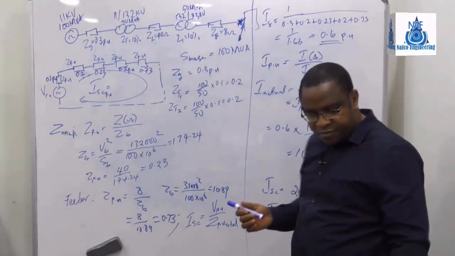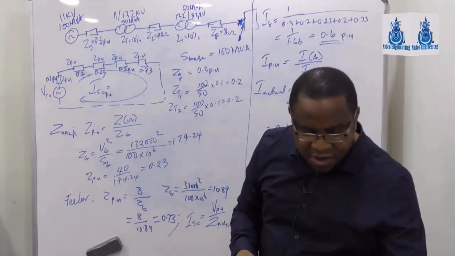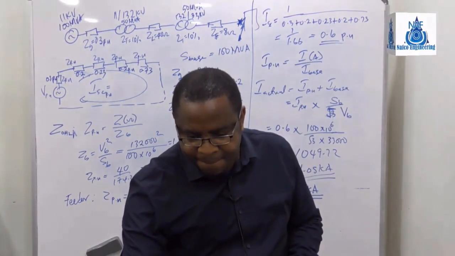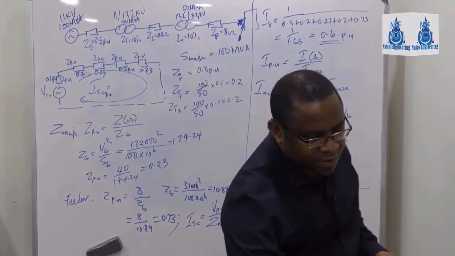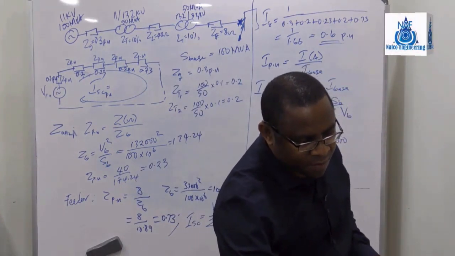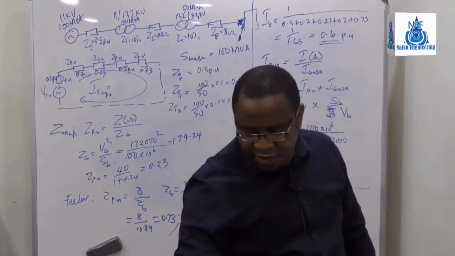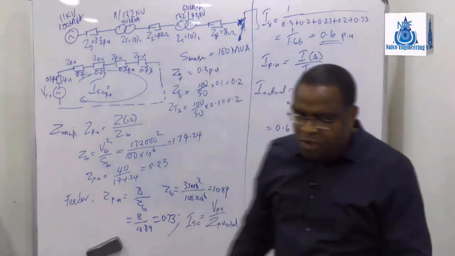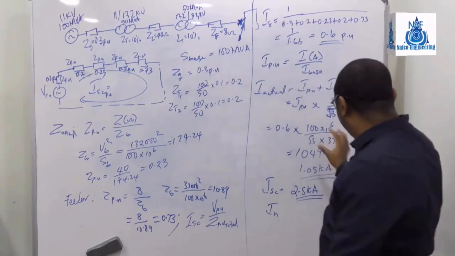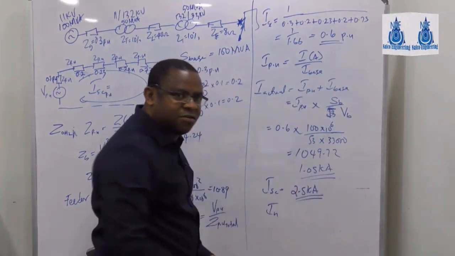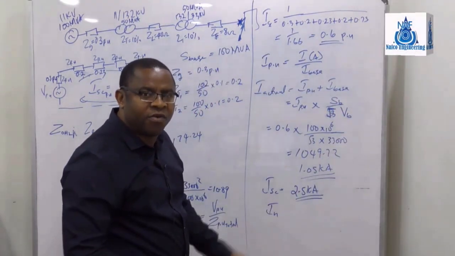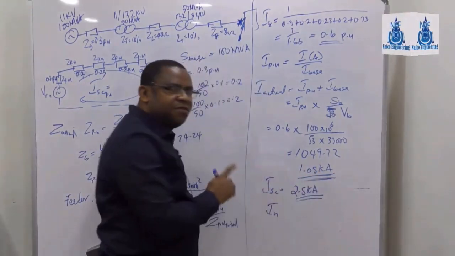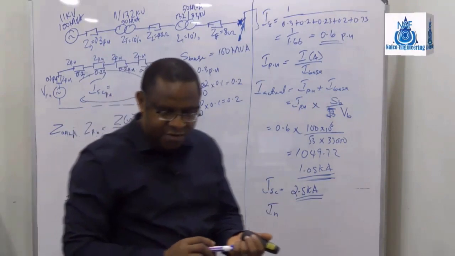All right. Now, let's look at the next. And what we have calculated here, this is what we call minimum fault current, and we use this for protection settings.